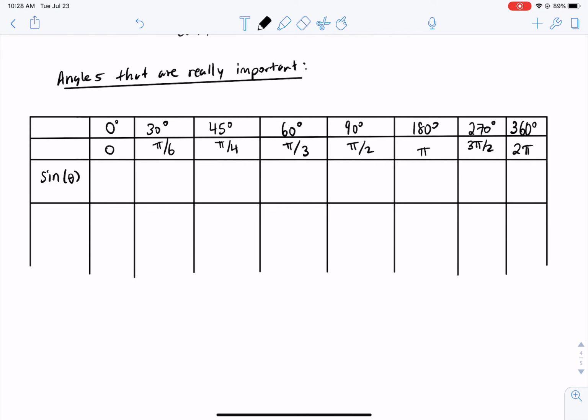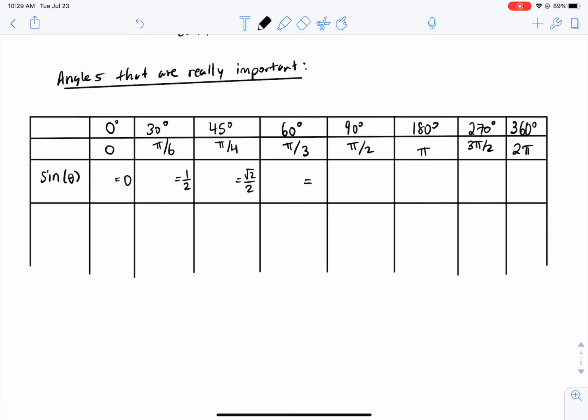What is sine of 0 degrees? 0. Yeah. And what I'm going to do here is waste a little bit of time. I'm going to put everything like this. I'm going to say this is 0, but I'm going to put a space to tell you a way to remember these, right? What about sine of 30 degrees? 1/2. But I'm leaving a space so I can show you something, right? 45 degrees, that will be 1 over radical 2, or you can think about this as radical 2 over 2.